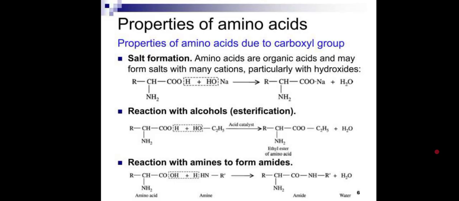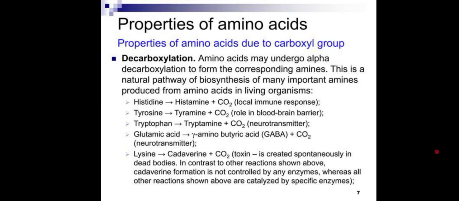Then there is decarboxylation. Remember when I told you the basic structure of an amino acid is that it has an amino group and one carboxyl group? So this amino acid can also undergo decarboxylation, like histidine undergoing decarboxylation to form histamine with the release of CO2, and tyrosine to form tyramine plus CO2, and the likes.